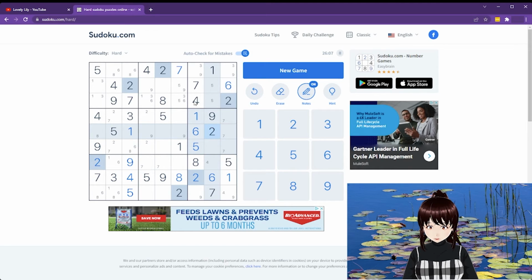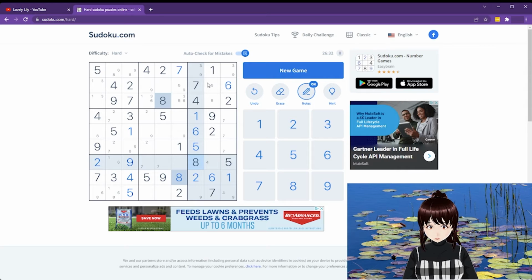And none of those are 3s. Okay, 4s. Any of these 3 can be 4s, but I'm not going to mark them because they're in a line. They're not in the line, I mean, it's these 3. So 5s. How about 6s? No. 7s? No. 8.